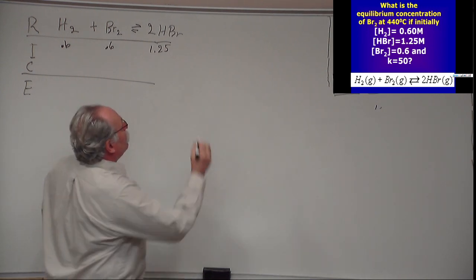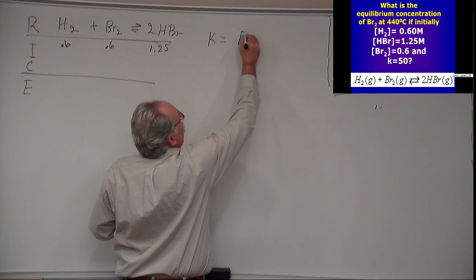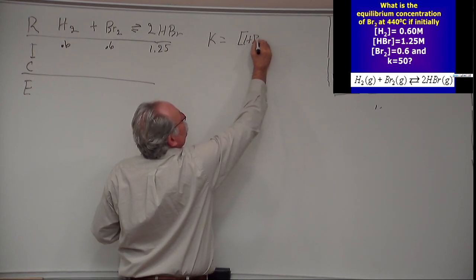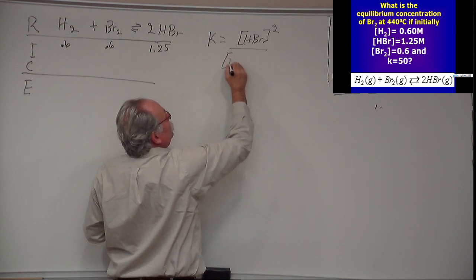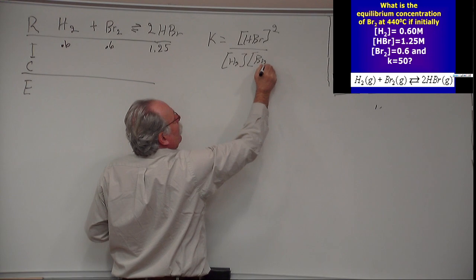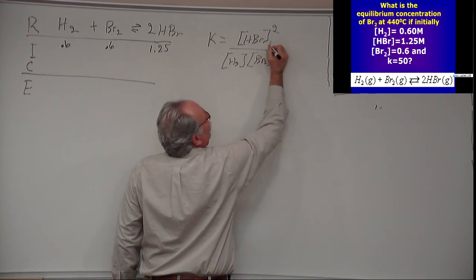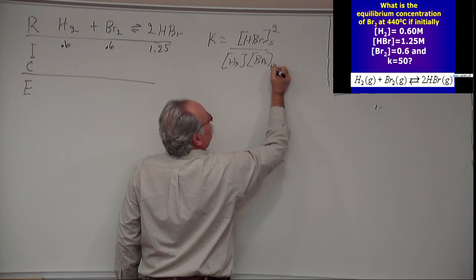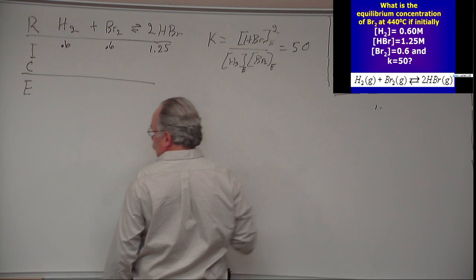need to know K. And K is equal to the products to their stoichiometric coefficients, so that's HBr squared over H2 times Br2. And this is the reaction quotient expression, and at equilibrium, this is equal to 50.